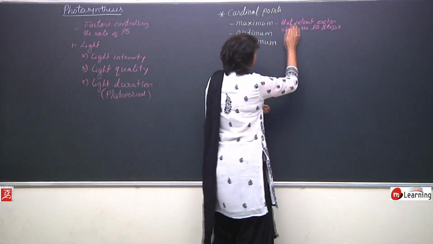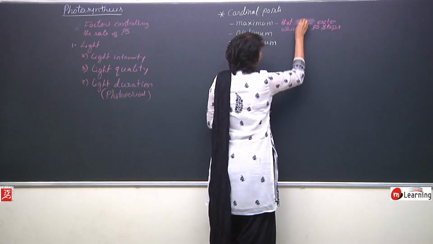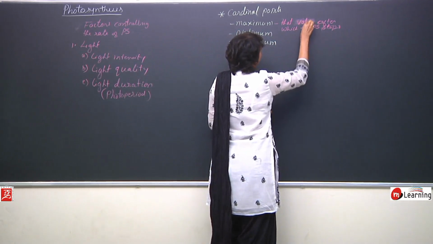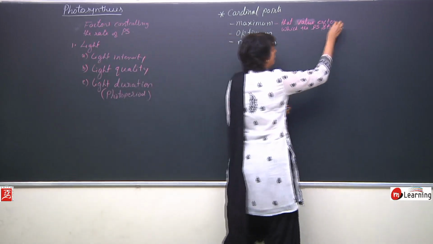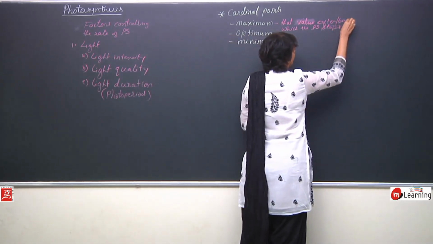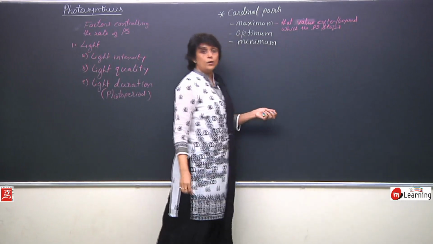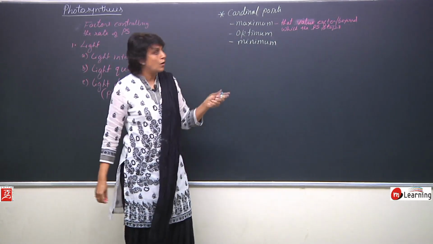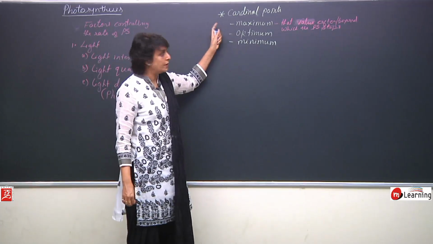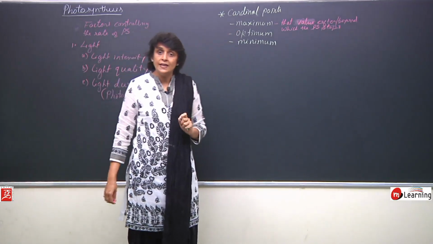So we can write value if we have to generalize it. Maximum is the value after which or beyond which the photosynthetic process, or any process whichever you talk of, if we are talking of cardinal points, will stop.